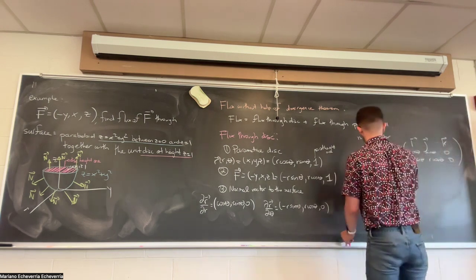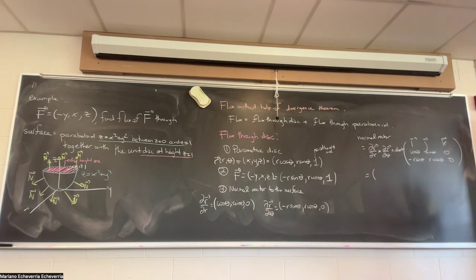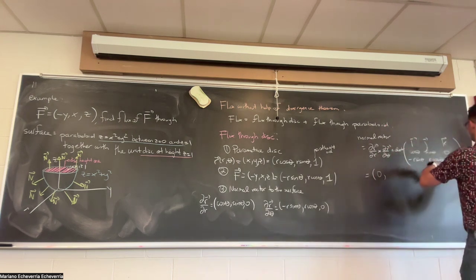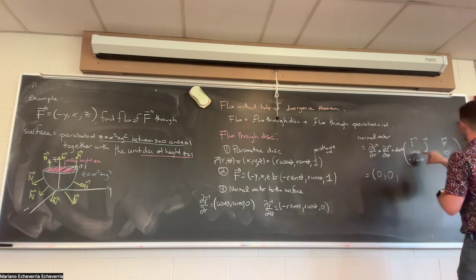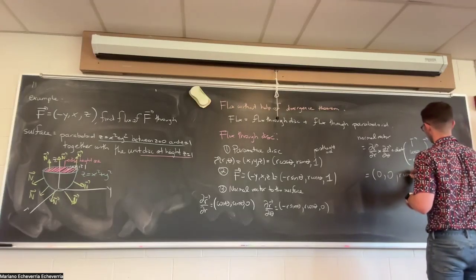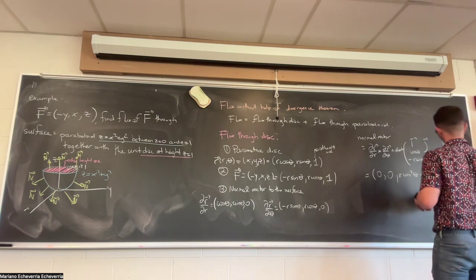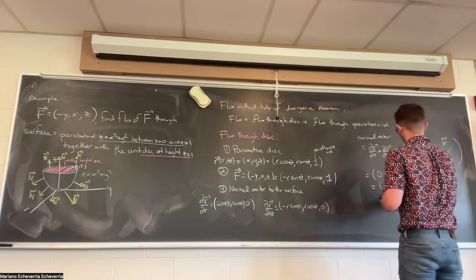This one is kind of easy to do. It's 0, 0, and the third entry gives you r cosine squared of theta plus r sine squared of theta, which is r.